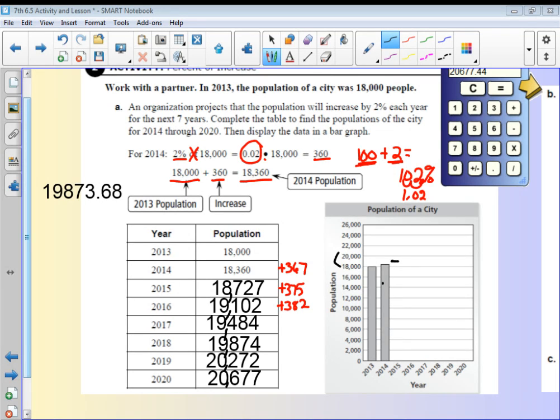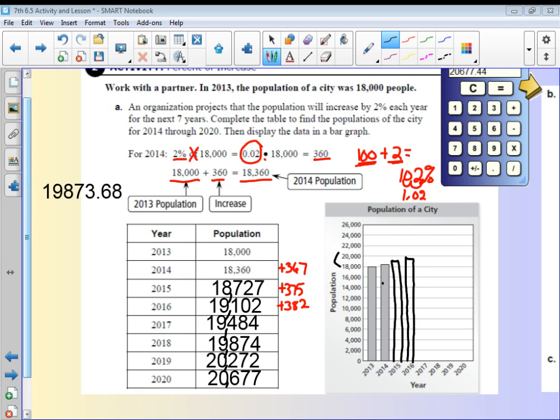This is hard for me to do on my smart board because it's hard to get exactly where I need it to be. 2016 was 19,102, so a little above halfway. This is really difficult for me to do on the smart board.